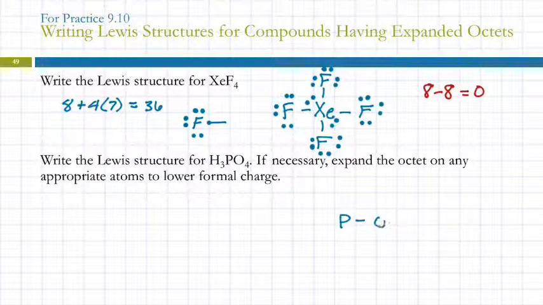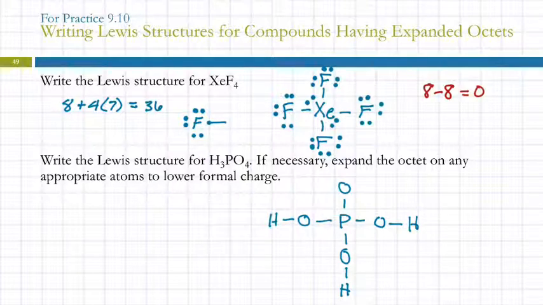The oxygens will be attached to that, and the hydrogens are attached to the oxygens. Okay, so we've got the skeleton there, and we have to count up the number of electrons.